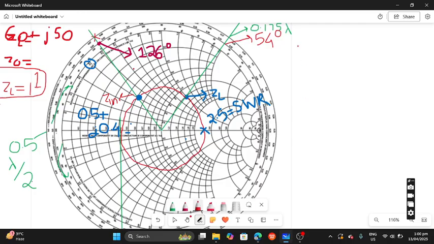First of all, for L max, you will simply do 0.25 minus 0.175.